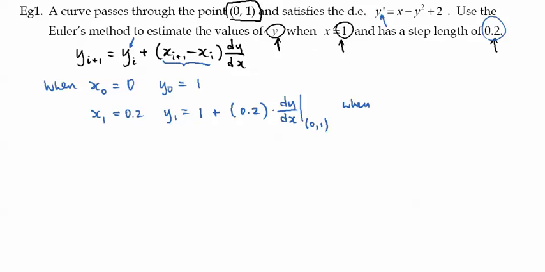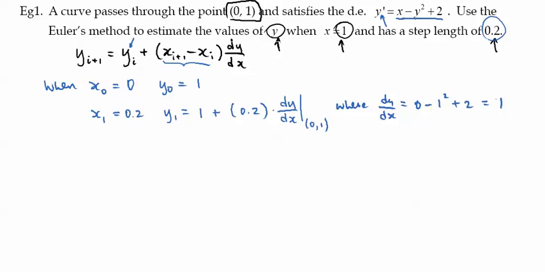When we have x equals 0 and y equals 1, dy dx, or technically y prime, equals 0 minus 1 squared plus 2. We are using this equation here to find the value.